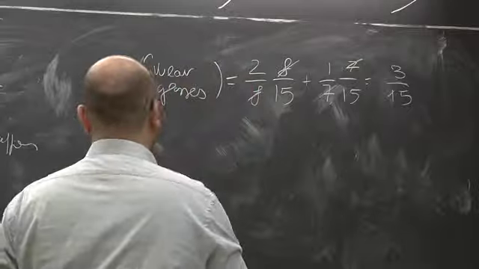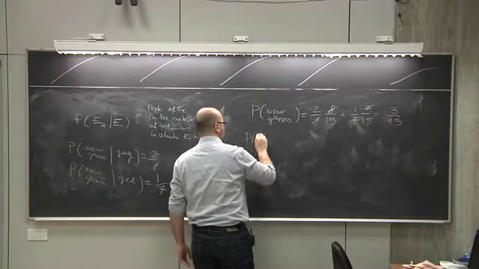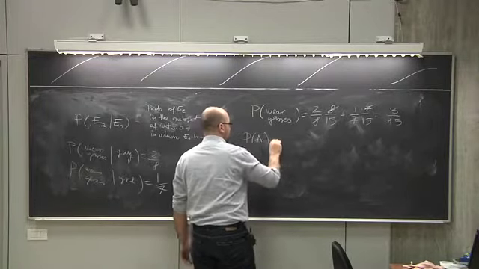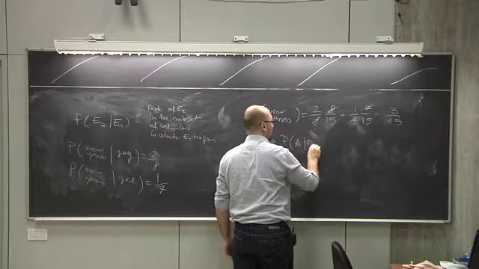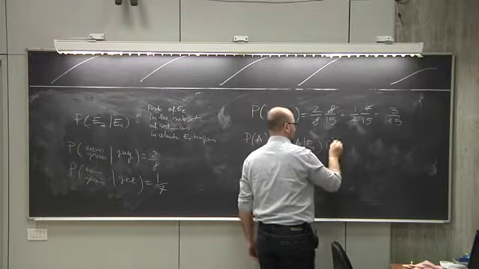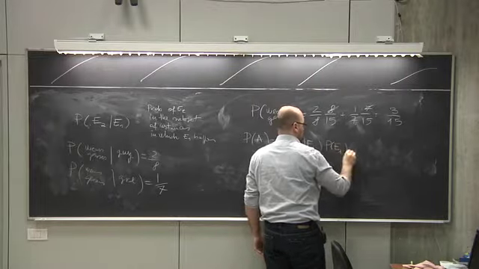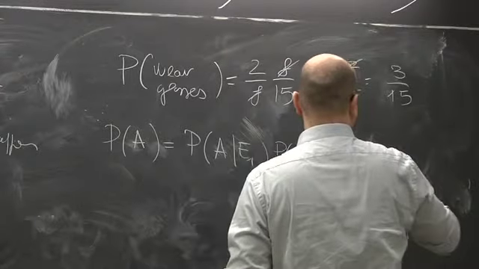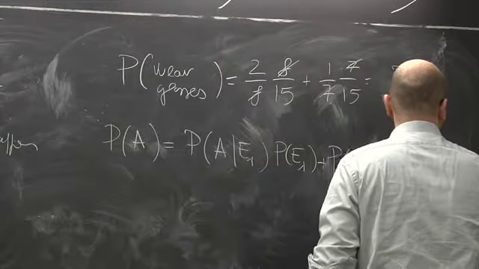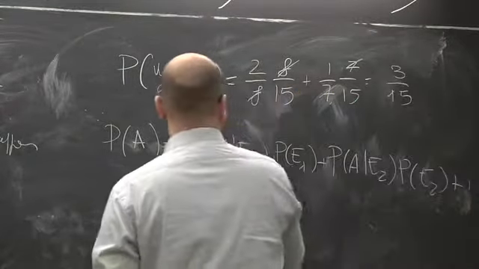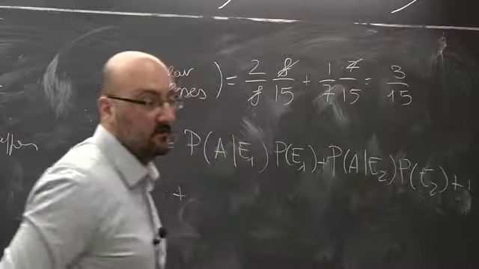So the probability of an event A can be written as the probability of A given that E1 has happened times the probability of E1, plus the probability of the event A given that E2 has happened times the probability of E2, and so on and so forth.